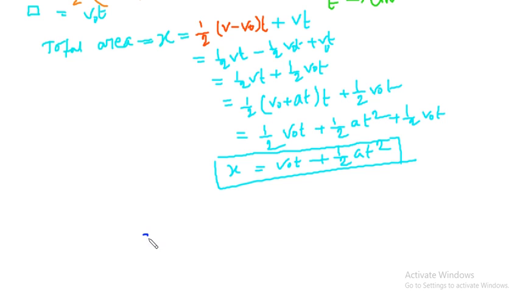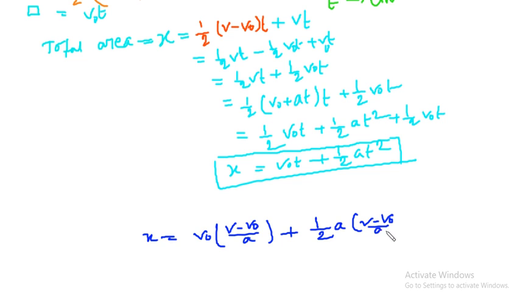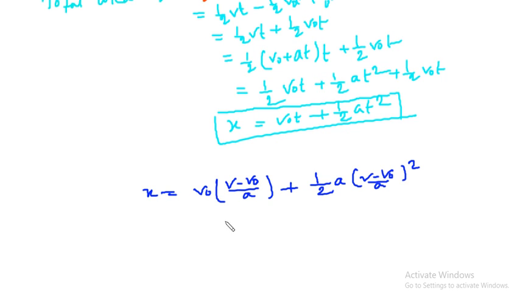So here x equal to V0 into (V minus V0) by a plus half a into ((V minus V0) by a) whole square. Okay, so if we simplify this, what we are getting is V0 into V by a minus V0 square by a plus half a.